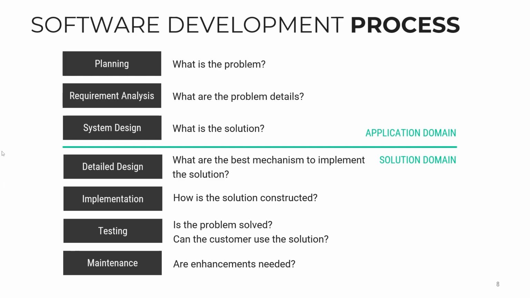Here, we split the design step into two phases, the system design and the detailed design. You're going to see this green line here that splits what we call the application domain and the solution domain. Have a look at these three points.